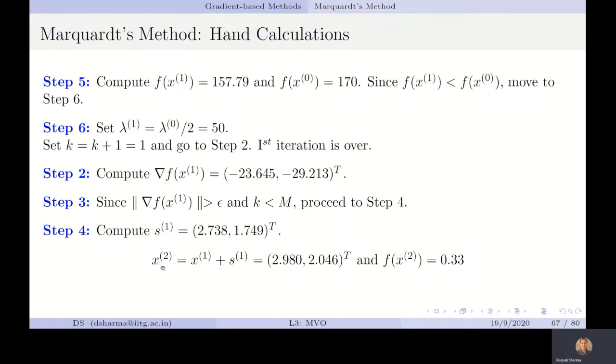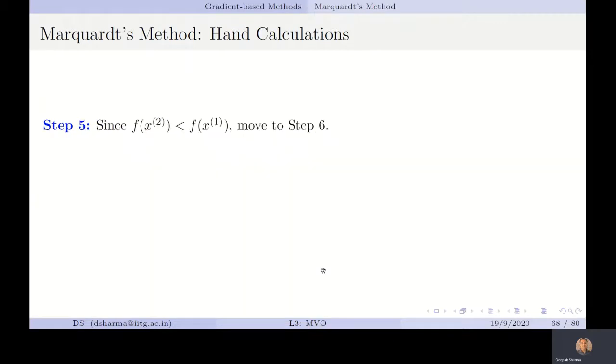The new point x2 we can find as x1 plus s1. So we get a point here, 2.980 and 2.046, and the function value at x2 is 0.33. Now the function value is already very close. It is only because you can see the point is 2.980 and 2.046. It is already close to our 0.32.